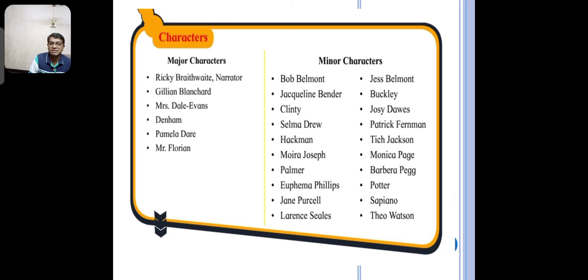So we have classified the characters into these two groups, major and minor. Let's see the major characters first. Ricky Braithwaite, who is the narrator. We find Ricky Braithwaite throughout the novel because he narrates the entire story, so he is a major character.